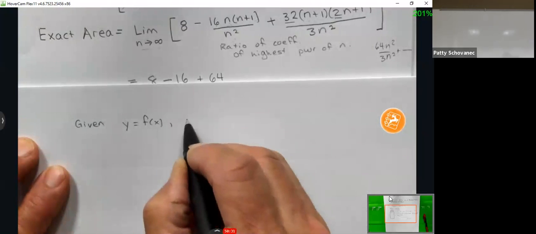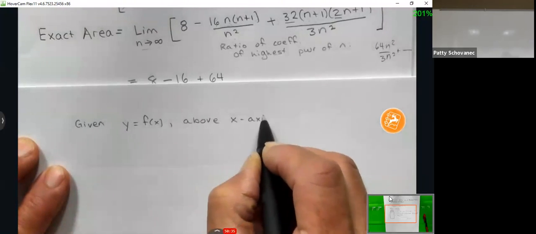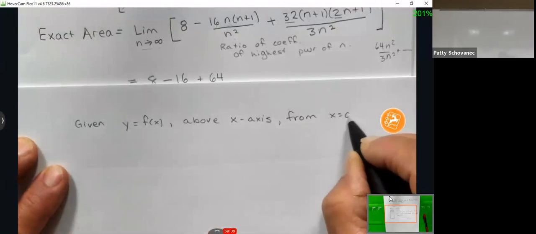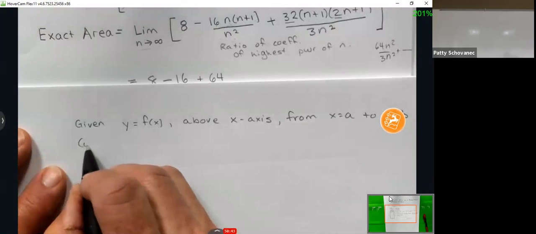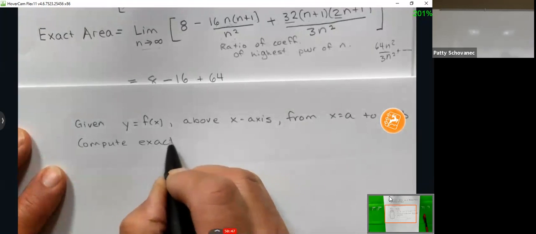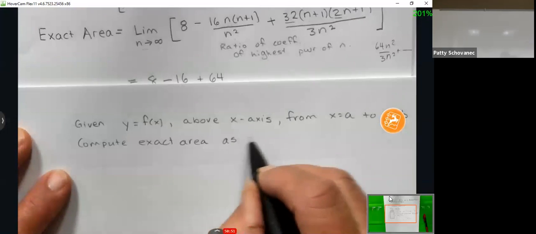from x is equal to a to x is equal to b, we compute the exact area as follows.